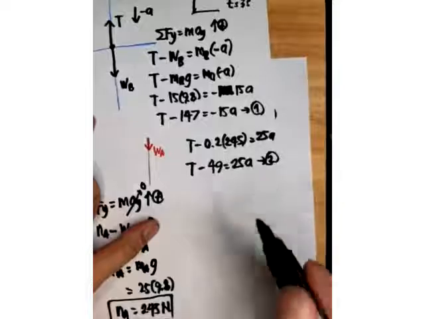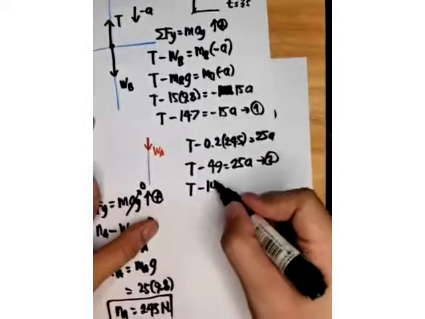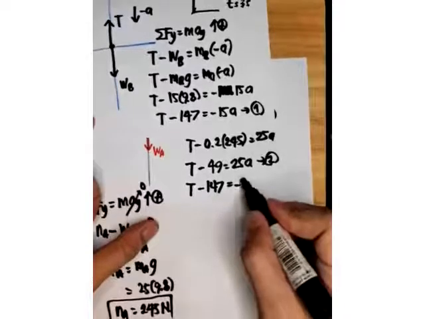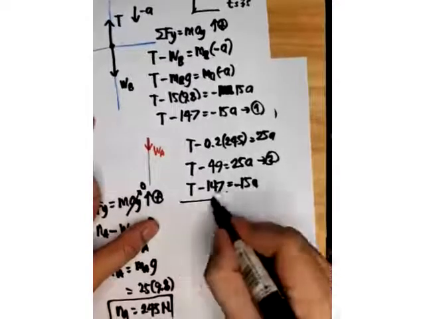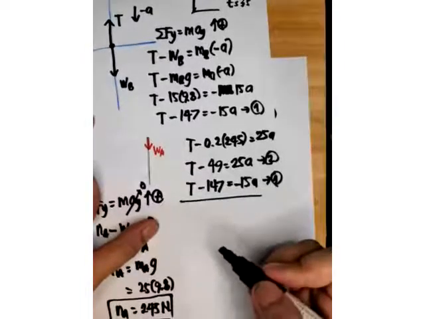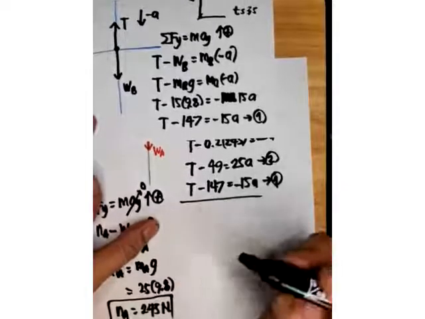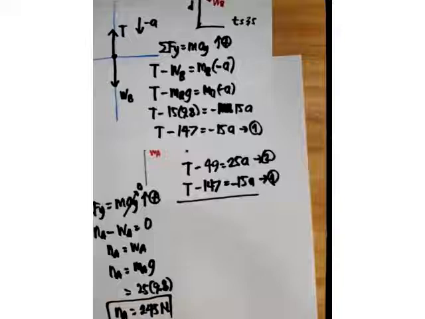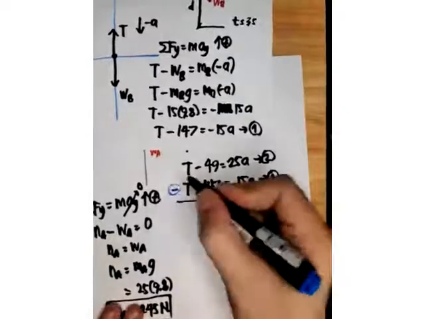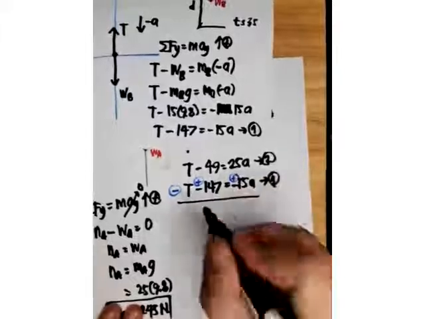Now, let's solve simultaneously. We have tension minus 147 is equal to negative 15a, from the first equation. All we need is the acceleration, not the tension, so let's cancel tension. We need to subtract the equations, so this will be positive and this will be positive, and the tension will be cancelled.